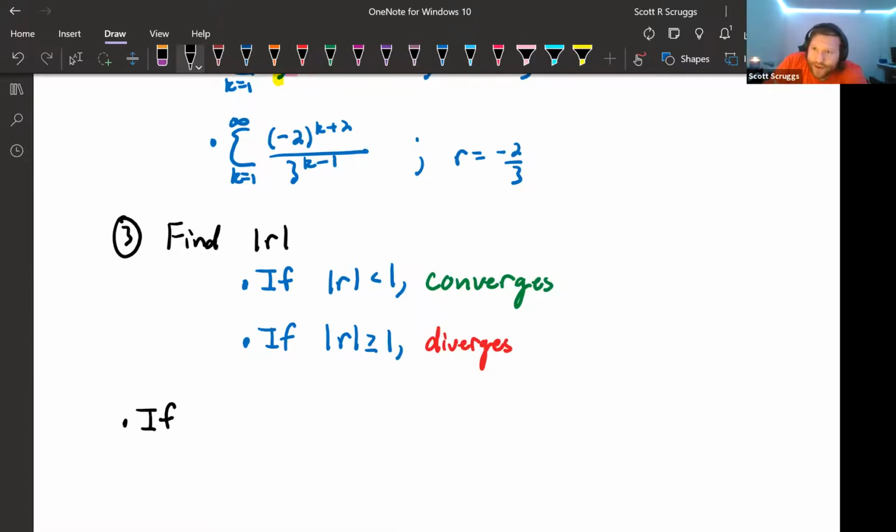Note that if the geometric series converges, this is one of the few series where I can actually calculate what that series adds up to.